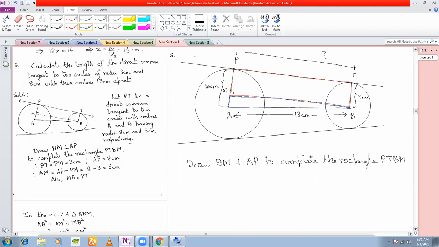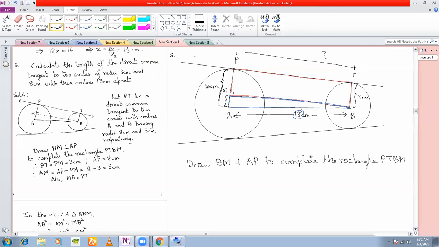If you look, this is the right angle that we are forming here. Right angle triangle ABM. In this right angle triangle, this 13 centimeter is my hypotenuse. And what is this length here? AM, the base of this right angle triangle.